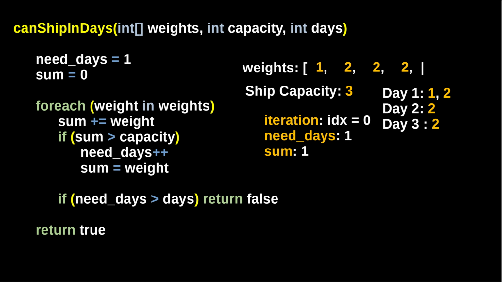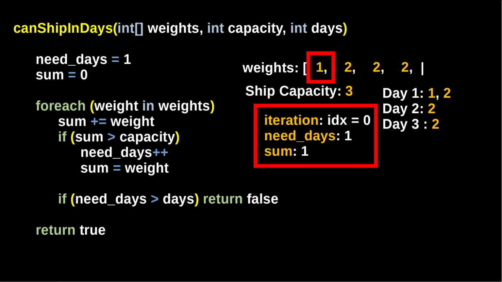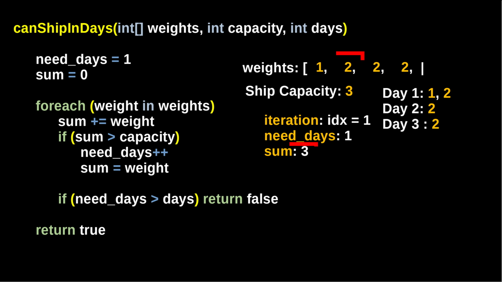Let's go through this quickly with an example. For example, in this weights array, we have 1, 2, 2, 2, and the ship capacity is 3. We start with needDays equal to 1, and in the first iteration of the foreach loop, the sum is 1. In the second iteration, the sum is 3 because we added 2 here.